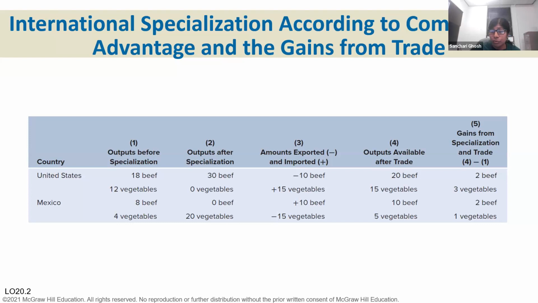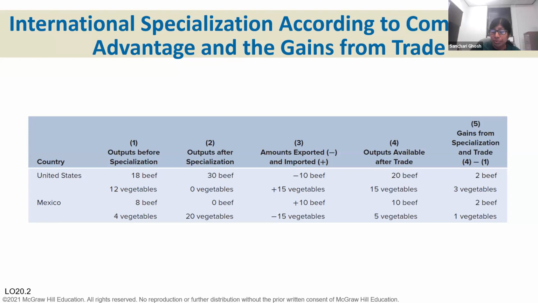So after they do all this giving and taking, that's trade. The United States is left with 30 minus 10, 20 tons of beef, or whatever, thousands, and got 15 tons of vegetables. It was not making anything, got it from Mexico, whereas Mexico is not making beef, getting 10 tons of beef. And after giving 15 tons of vegetables to the United States, 20 minus 15, it has 5 tons of vegetables. So what are the gains from this specialization?